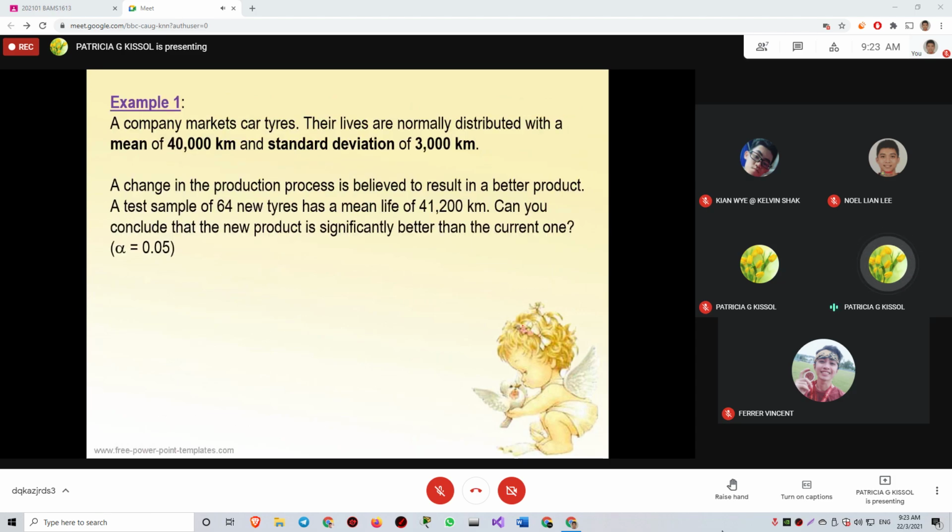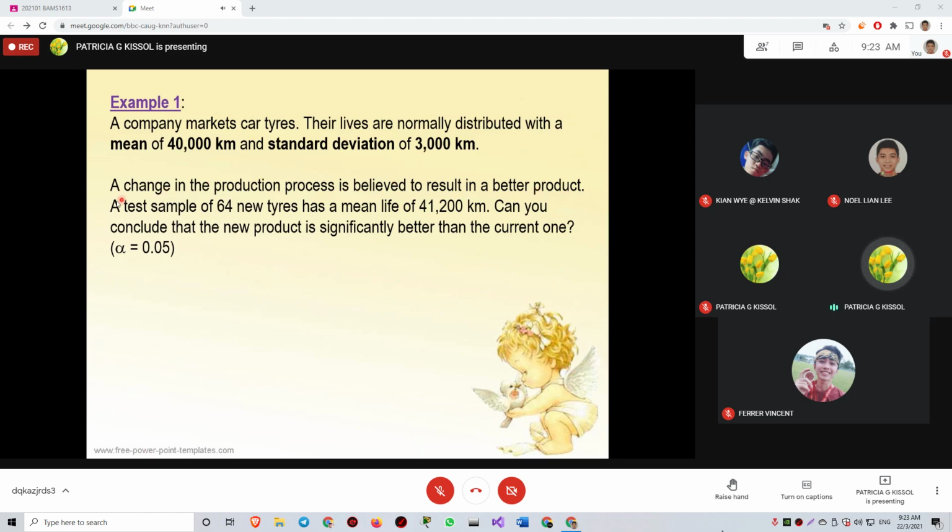The first question is about a company selling car tires. It's normally distributed, and you are given the mean as 40,000 and the standard deviation equal to 3,000 kilometers. Now you see here, a change in the production process is believed to result in a better product.